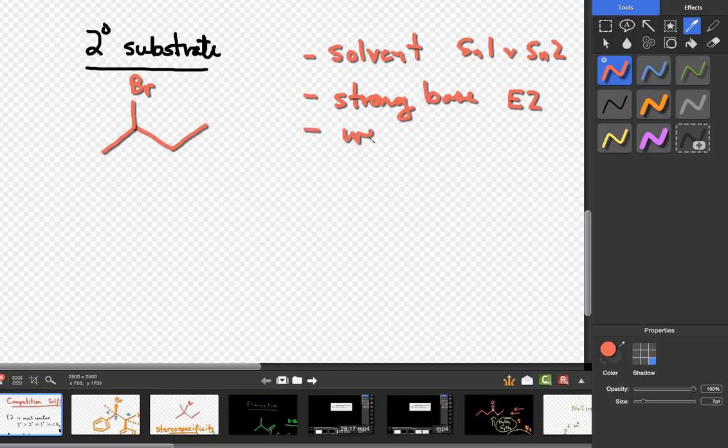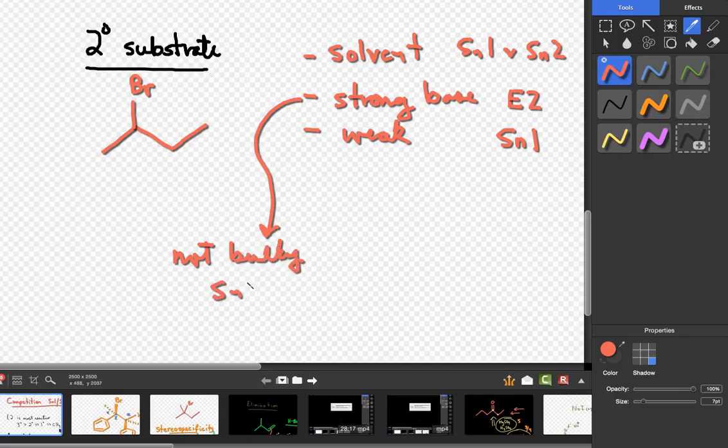If I have a weak base or a weak nucleophile, it's going to follow the SN1 pathway. Now, when we talk about strong base, if it's not bulky, you're looking at SN2. But if it's bulky, then you're looking at E2.